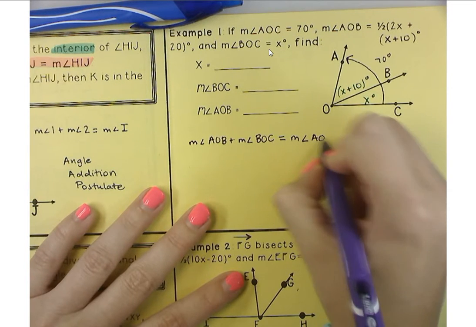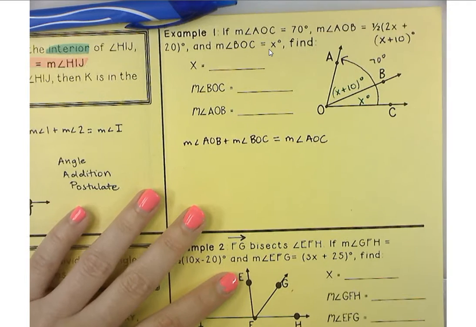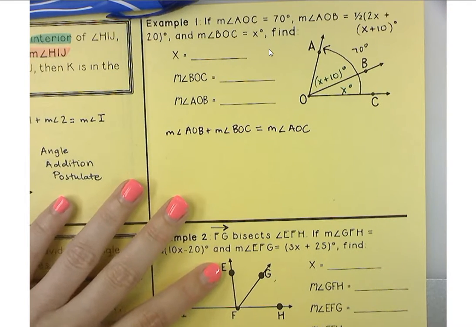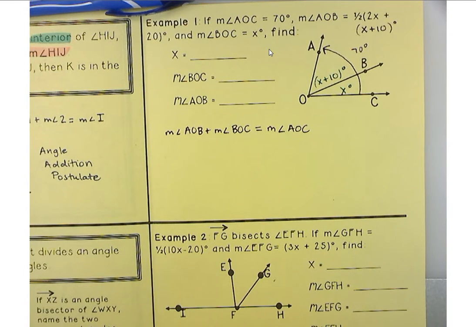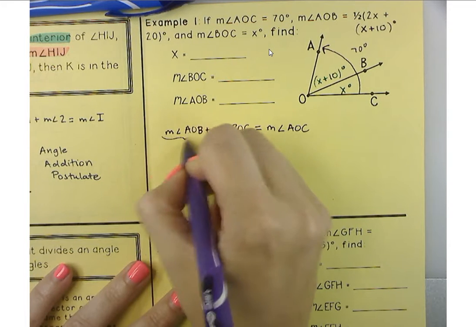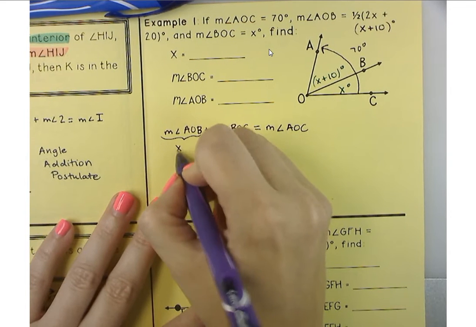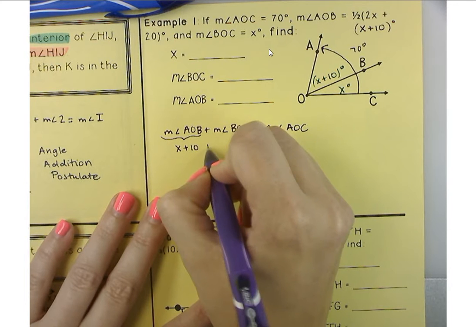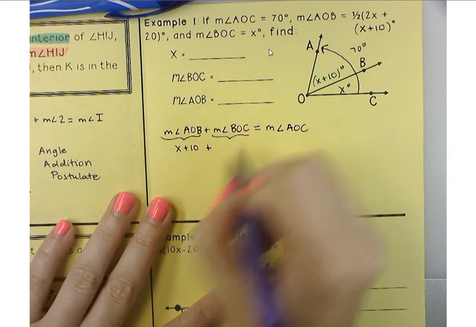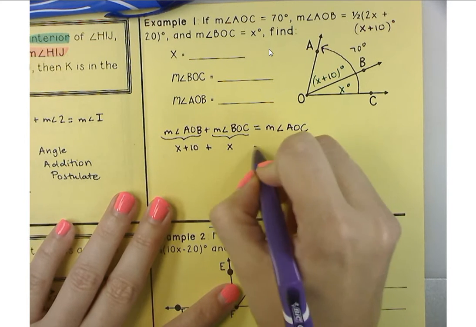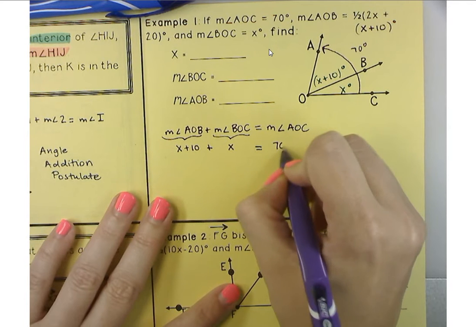Angle AOC. Good. So that will equal the measure of AOC. Now I can just substitute. AOB is x plus 10. I'm going to keep my plus here. BOC is x. AOC is 70.